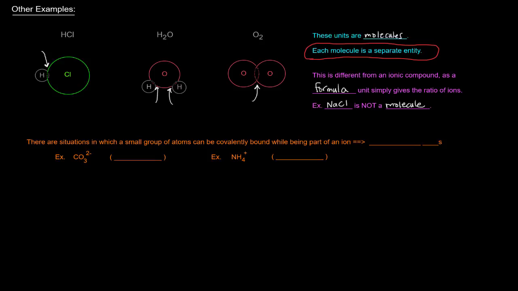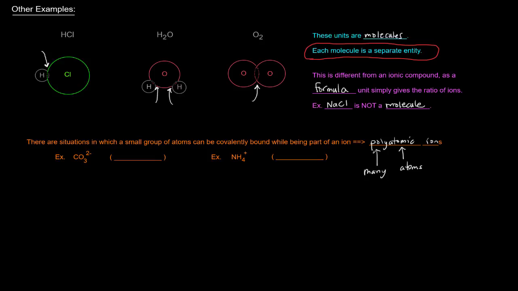That distinction is important. Now there are situations in which a small group of atoms can be covalently bound while being part of an ion altogether. In that situation, what you have are polyatomic ions. Poly meaning many, atomic referring to atoms, and ions, of course, referring to ions.